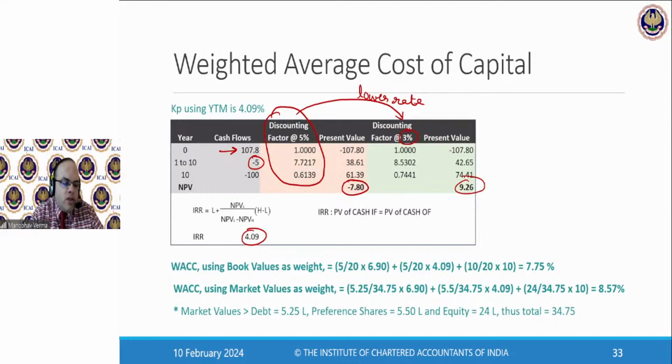Srinivasan says if flotation cost is not considered in the debt, then the cost of debt will be higher than equity. You're talking about generally. Let me not even talk about numbers, Srinivasan. Let's ignore the calculation part of it. Although we could see that 6.9% is lower than the cost of equity of 10%.